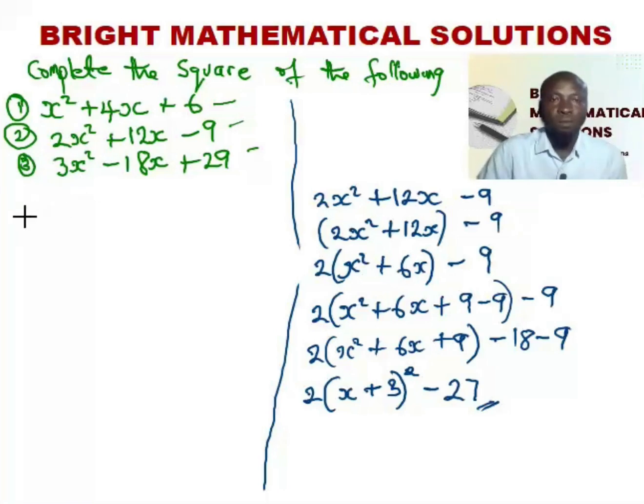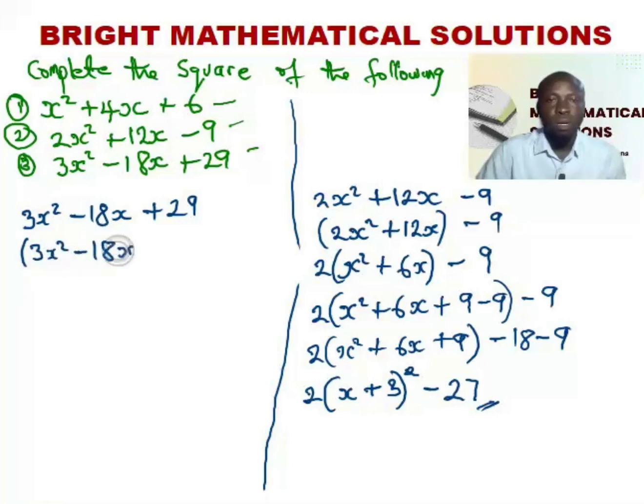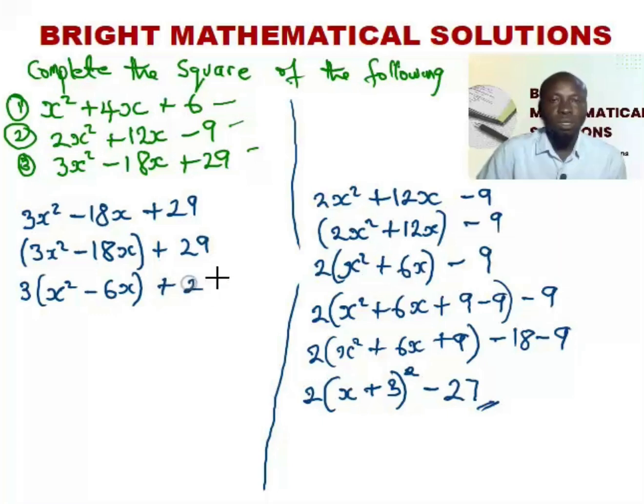So we have 3x squared minus 18x plus 29. So we separate 3x squared minus 18x, plus 29. Now we are going to factor out this 3, such that this becomes 3 into x squared minus 6x, plus 29.